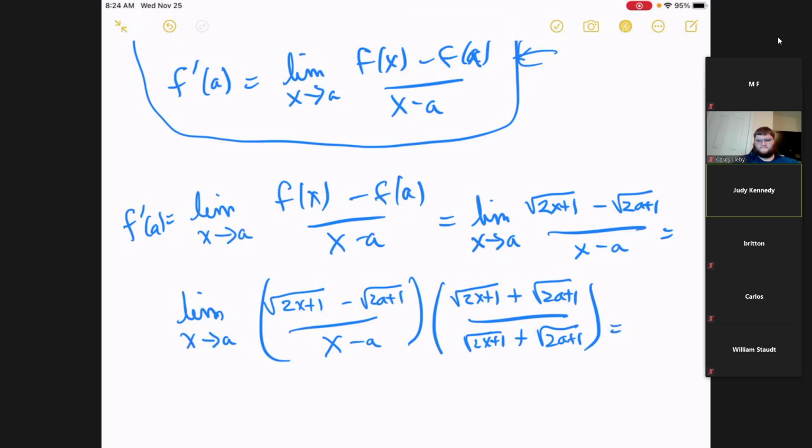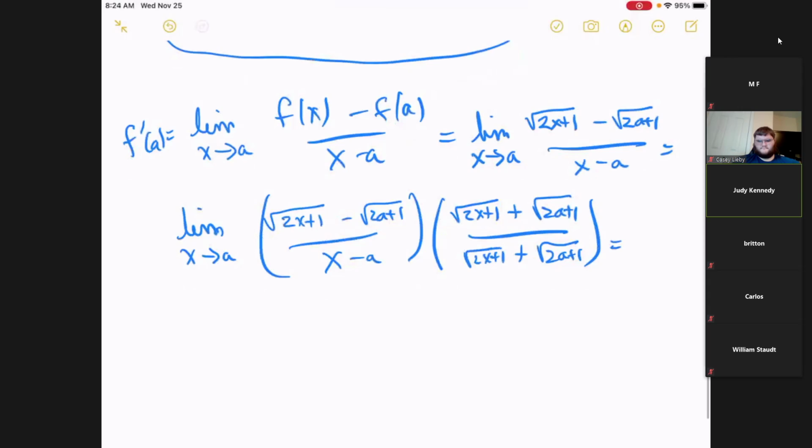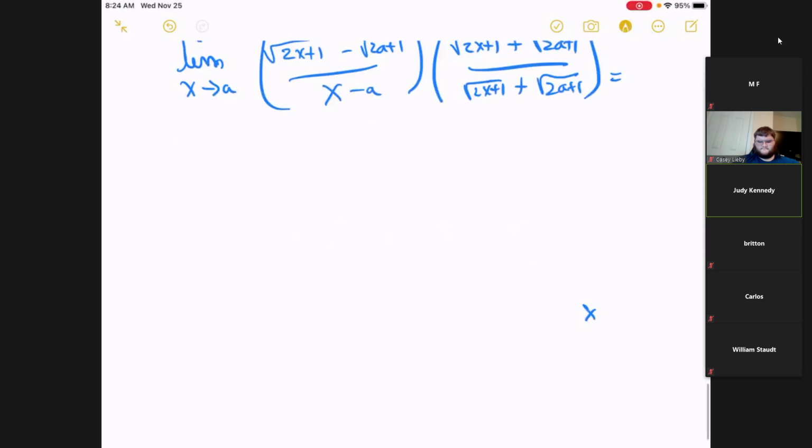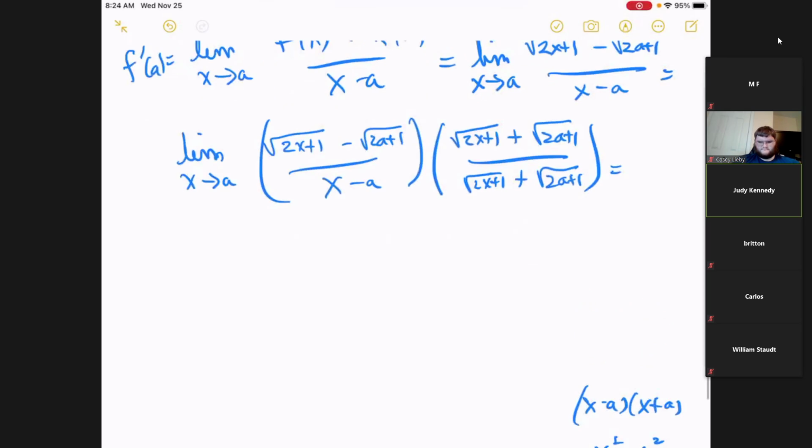But what it's going to do is let me get rid of the square root in the numerator, because I'm using the fact that x minus a times x plus a, the middle term goes away. So that's going to give me square root of 2x plus 1 times the square root of 2x plus 1, which is 2x plus 1, and then minus 2a plus 1.